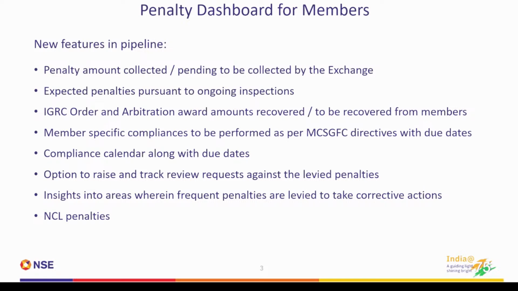And if the investor is not satisfied with the IGRC order, then he can always go to arbitration and appeal against the IGRC order. And if the arbitration passes an award, then the award amount will be shown to you. Also going ahead, appellate arbitration can take place. And against that appellate arbitration, what is the award amount? That is also shown, and how much is recoverable and already recovered. That information will be shown in this option.